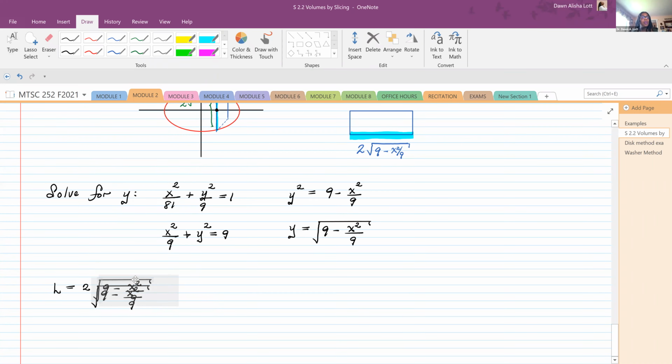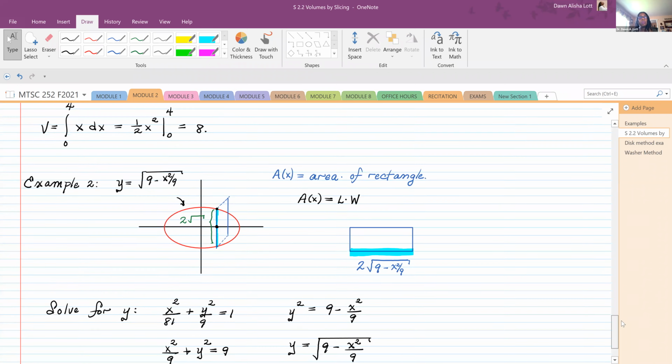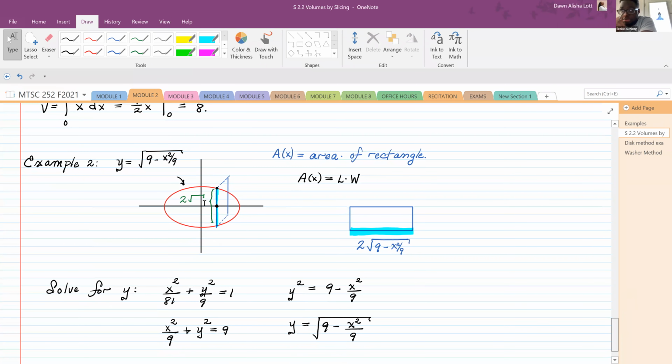The shorter part? No, the longer part. Okay, do you see the color blue? Yes. Notice the bottom of the rectangle is on the base, and the rectangle is sticking out towards you in the page. So this is that same bottom. So that's the length, 2 times the square root of 9 minus x squared over 9.